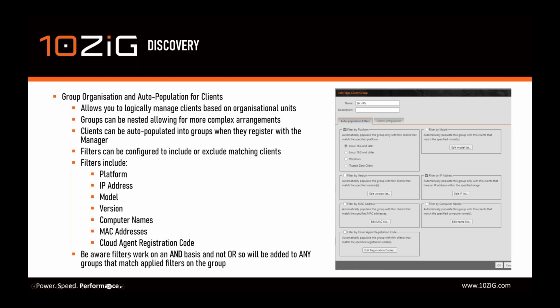Just be aware that filters work on an AND basis and not OR, so a device will be added to any groups that match the applied filters. Potentially you may find that there are multiple groups which match the criteria of a single device, and that device could be populated into more than one group.